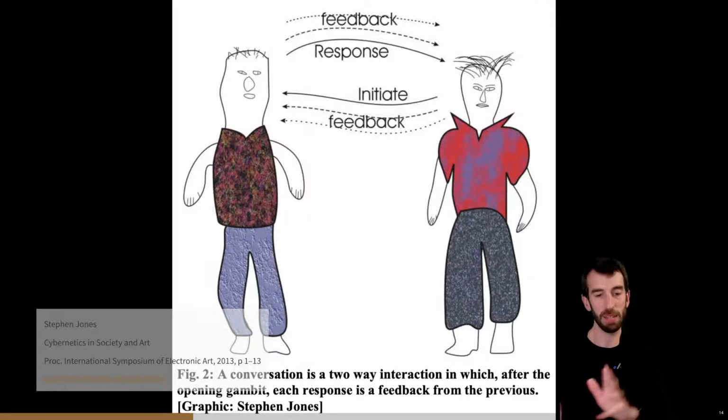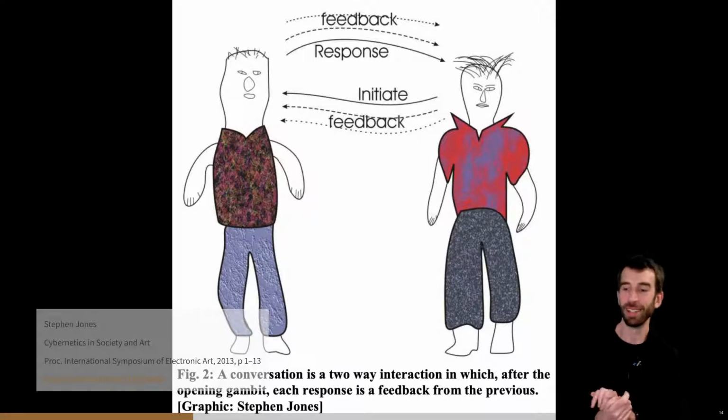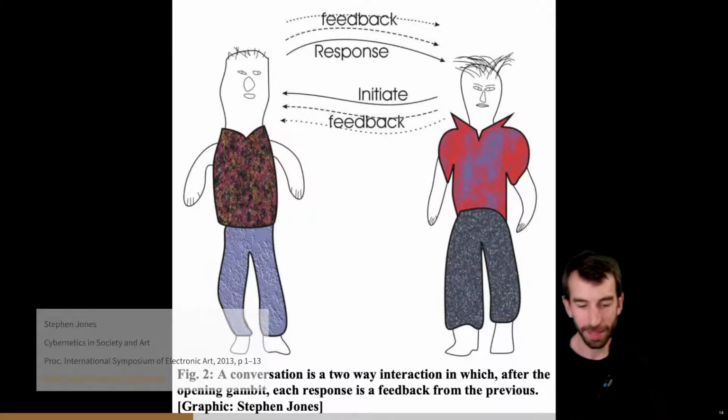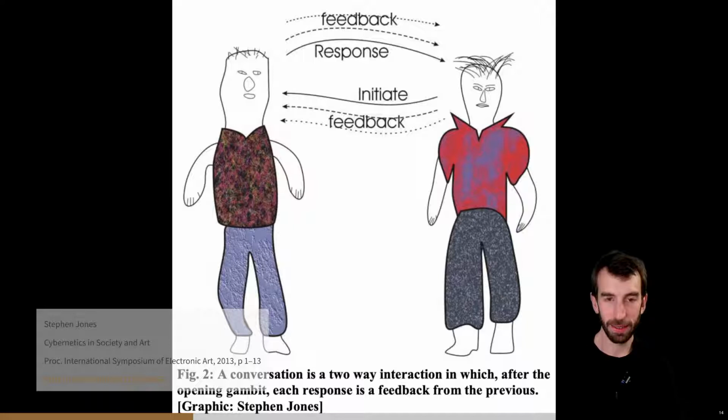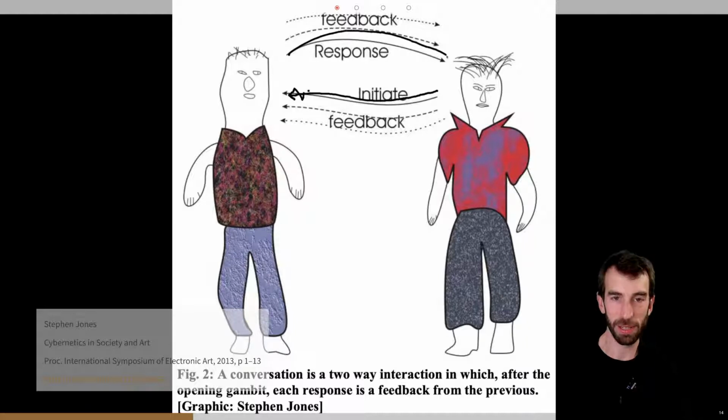And he had this image which was just showing what is going on in interaction. Well, one example of interaction is a conversation between two people. The conversation starts with some kind of initiation going this way between the synthesizer shirt guy and the mosaic shirt guy, and then there's a response.